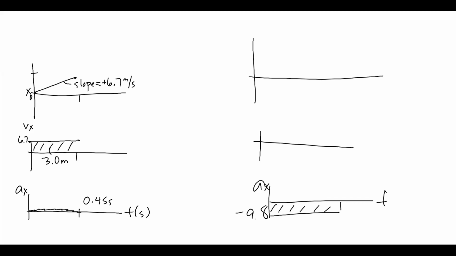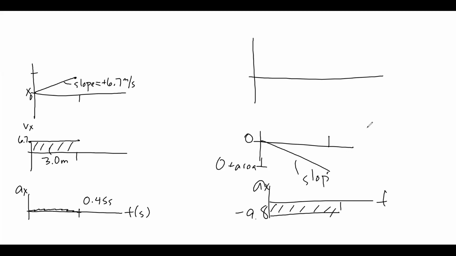Well, this is a negative area. If you take 9.8 times 0.45, you're going to get very nearly minus 4.2, which again is exactly the difference in velocities. It starts at 0, and then at that time, it's 0 plus the area, which is minus 4.2.